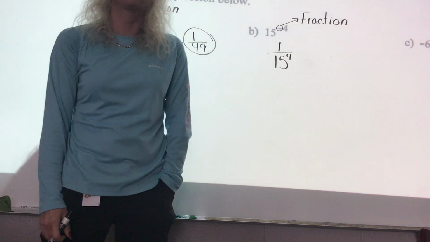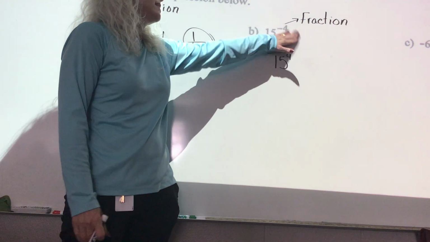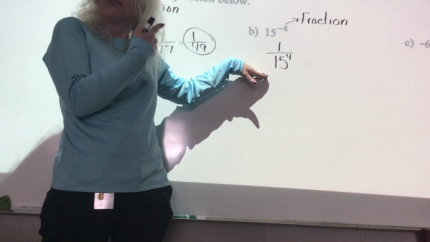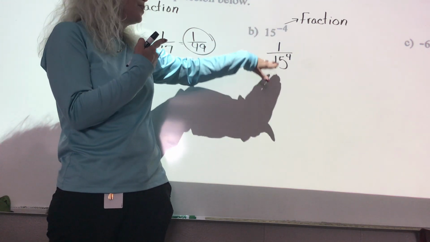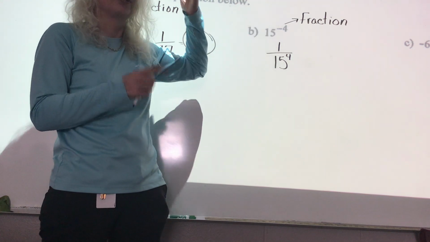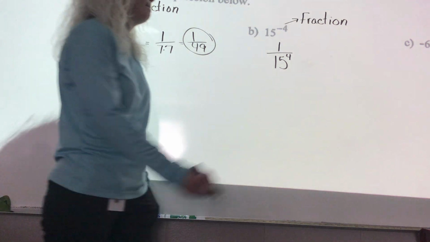A lot of times the directions will say, write this with a positive exponent. Have we done that? Have we written this with a positive exponent? So a lot of times your directions just simply say to write this with a positive exponent, so we're doing that part.